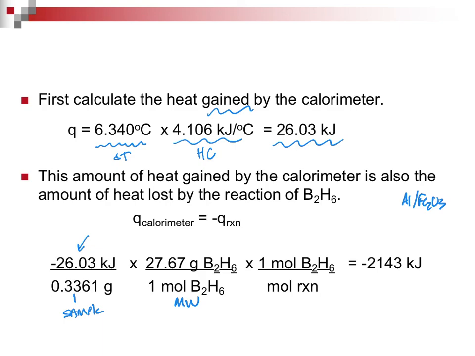And I didn't repeat it, but once again, you look at the actual stoichiometry and you see there is only 1 mole of B2H6 for every mole of reaction. And even though we had a milligram sample, 336 milligrams, it gave off 2,143 kilojoules of heat. This is actually what they put in rockets if they want to send them into outer space.